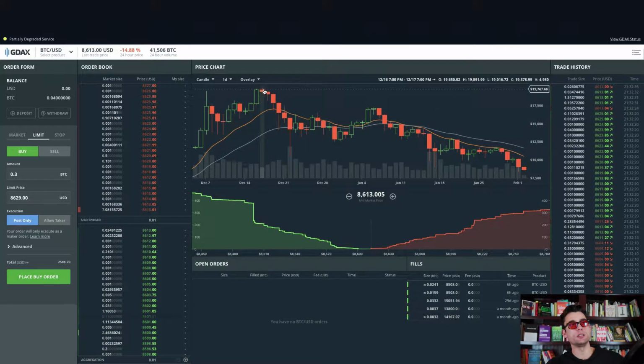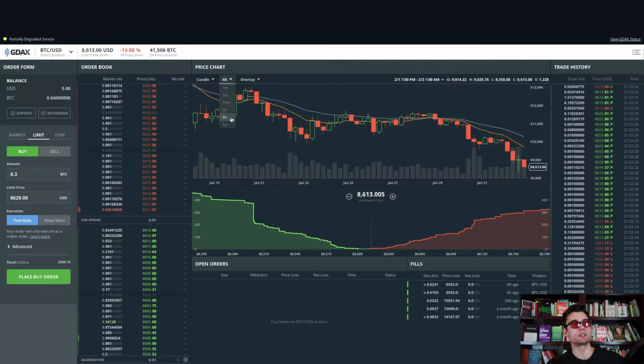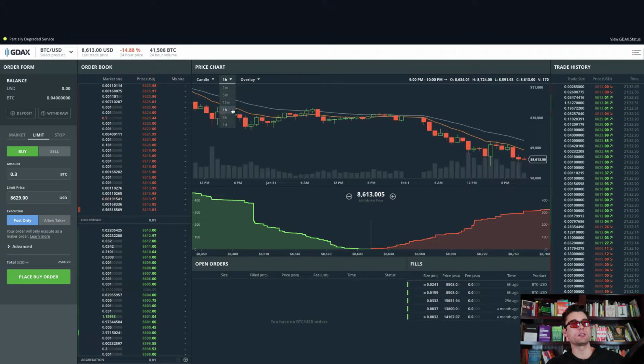And you could see it is on a downward trend right now. Same thing with the 6 hour chart. It's on a downward trend. So I could tell right now, this is on a downward trend. So it's probably going to hit a little bit lower, or maybe even much lower than this market price right here.